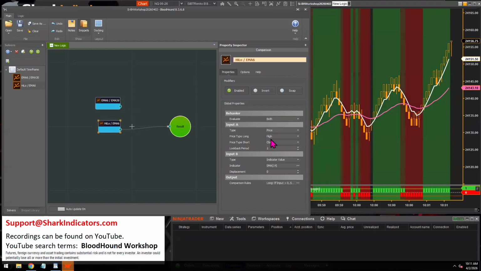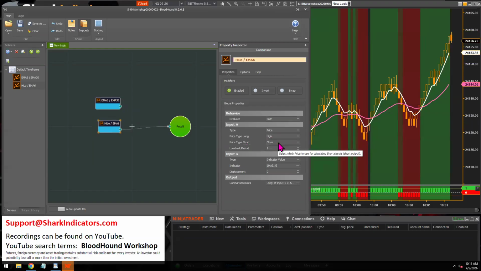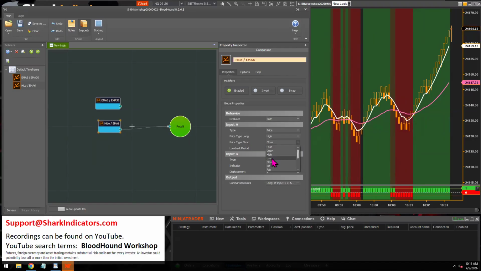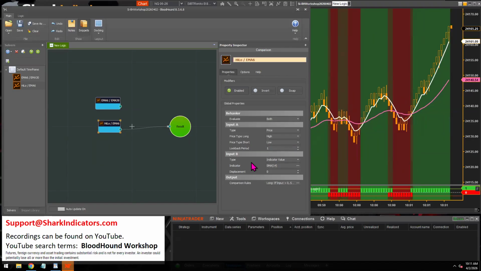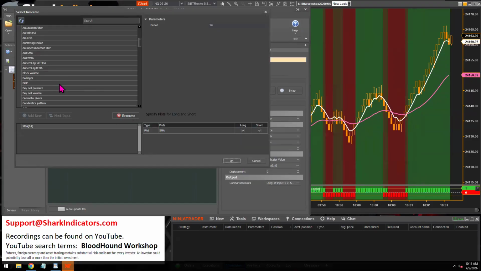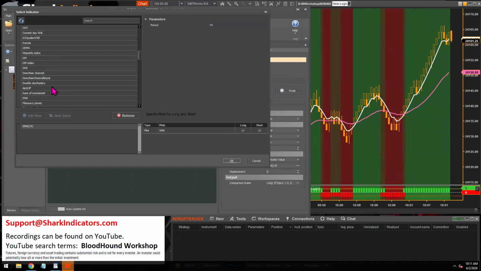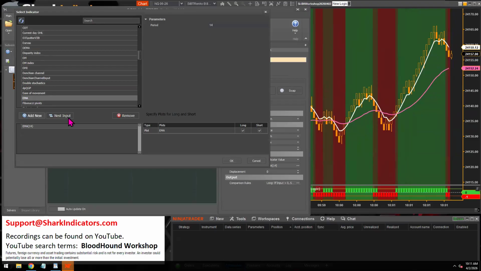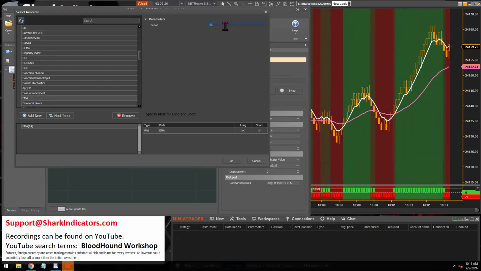So let's plug in the high price for a long signal, and then almost always your short signals are going to be using the opposite price. So there you go, low price. Now input B needs to be the EMA 6. So let's open that up. Plug in the 6 period.